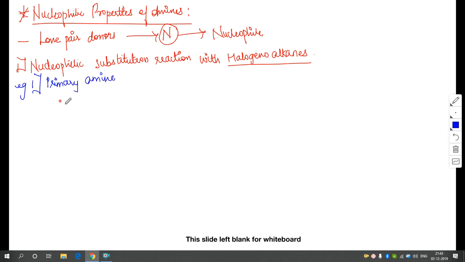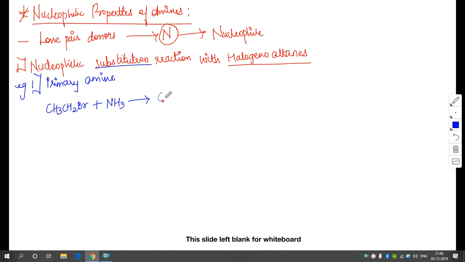Now, for the primary amine, a simple halogenoalkane we are going to take is CH3CH2Br. What is the name of this compound? Bromoethane. Now, bromoethane with ammonia. What is this? This is a substitution reaction. They are just getting substituted.